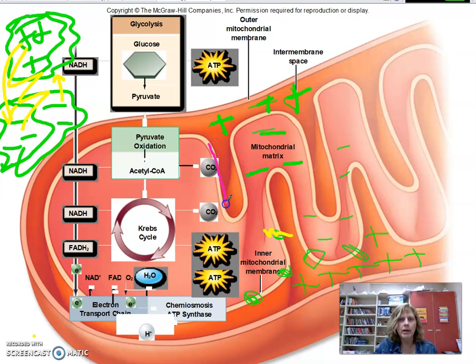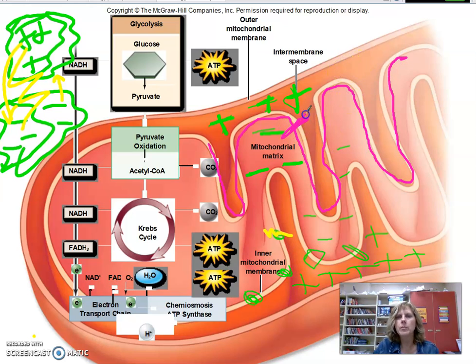Remember when we learned about mitochondria, we said the inner membrane has all of these folds, and that the whole purpose of these folds is to increase surface area on that inner membrane, because this is where ATP is made. And it actually is powered by charges, and we're going to talk about this during the electron transport chain.